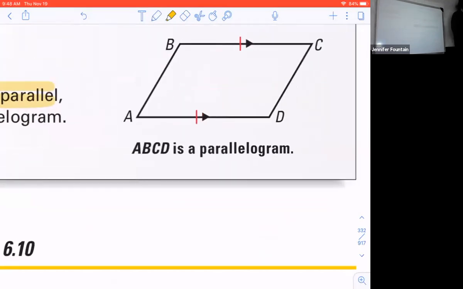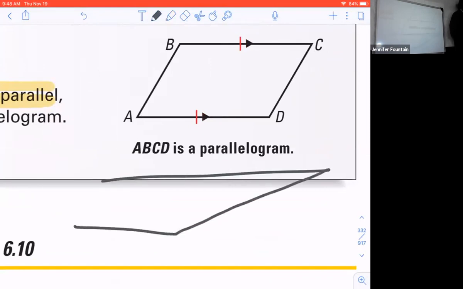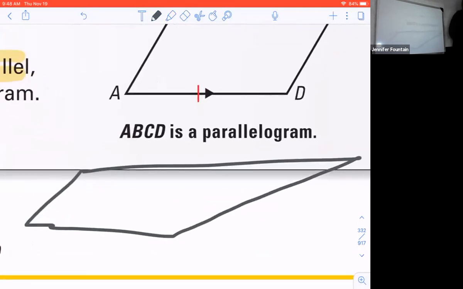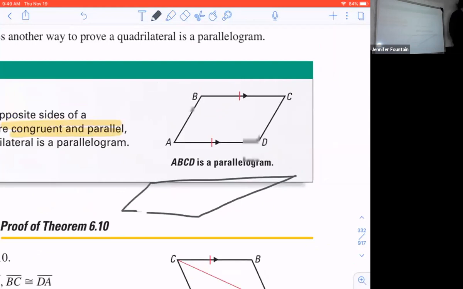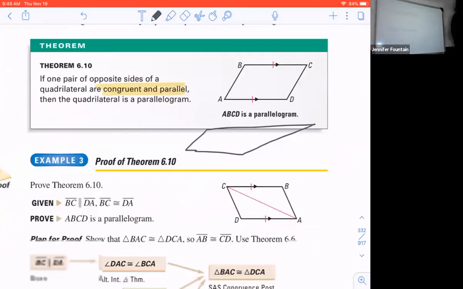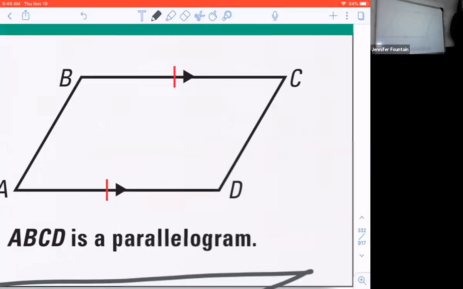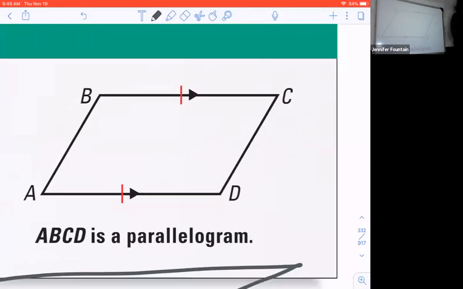Because notice if I just had this figure, these two sides would not be the same length. Neither would these two sides, so I could not assume. But notice it says if they are congruent and parallel, then it's a parallelogram. That's why we have the arrows and the red hash mark, because it's indicating congruence and that they're parallel.